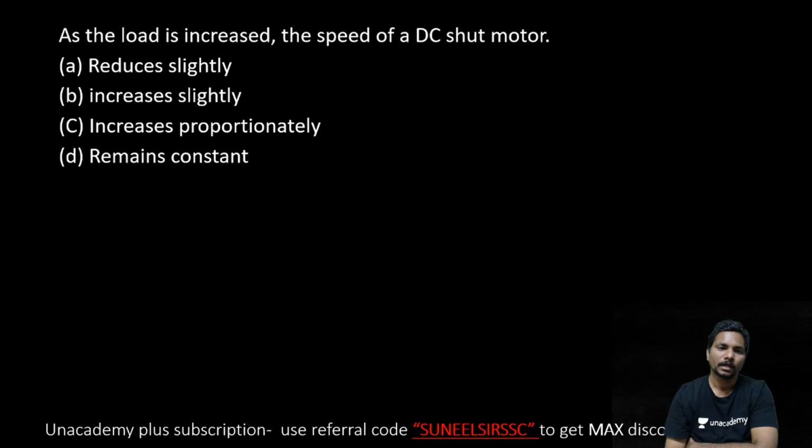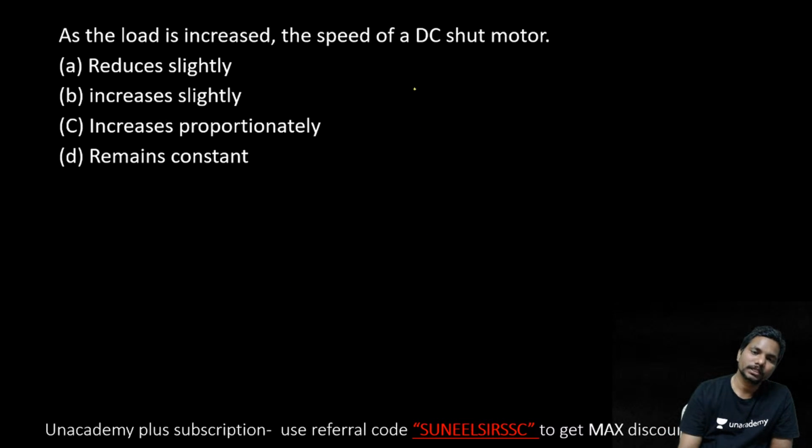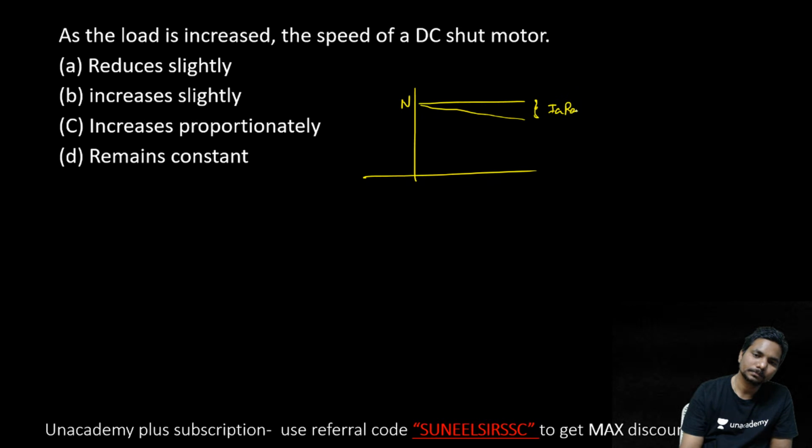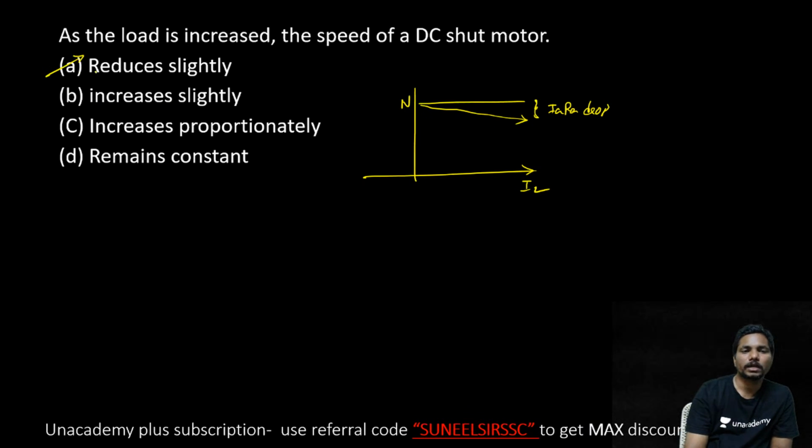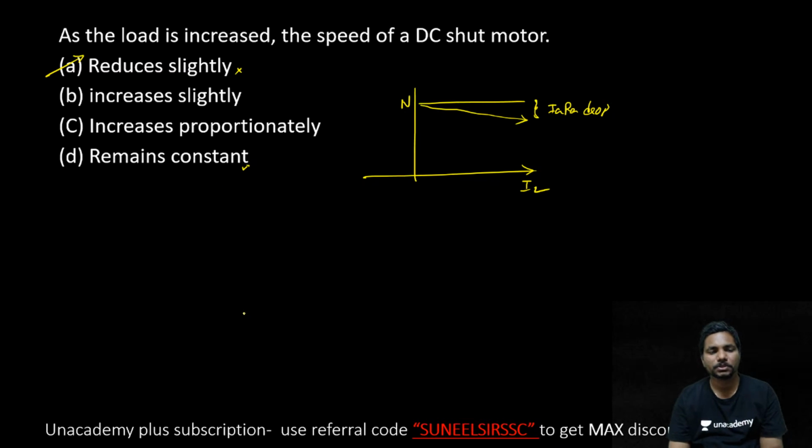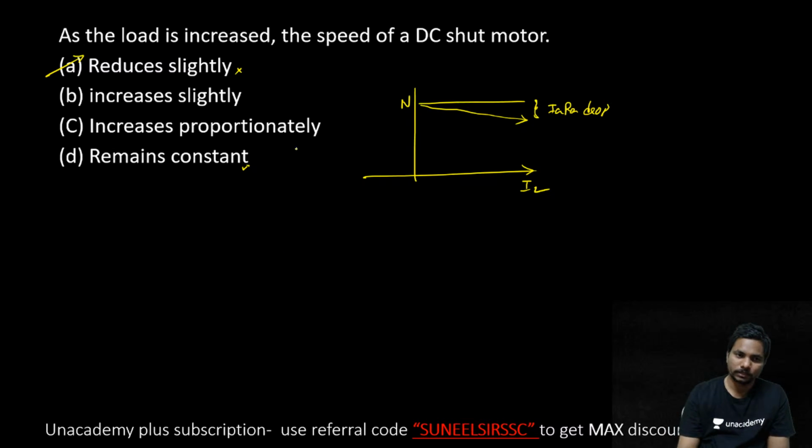Very good. Just now we discussed that at no load we have the speed like this, and as load increases the speed decreases due to the Ia Ra drop. This is the speed at full load, so it slightly reduces. If this option is not there, we can take almost constant. If slightly reduces is there, then we take the answer as option A.